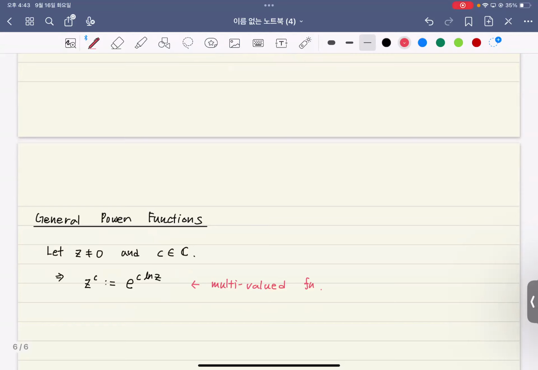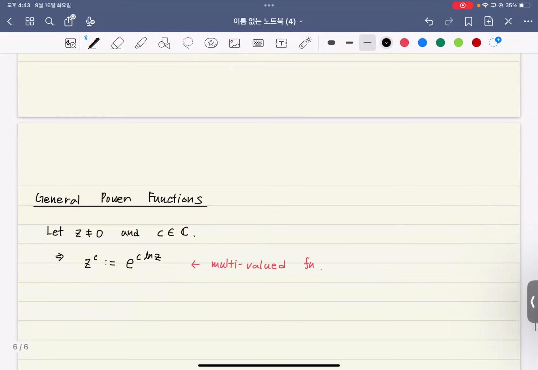Okay, but anyway, now maybe I can try to compute i to the i. So what is i to the i? This is e to the i times ln of i, right?